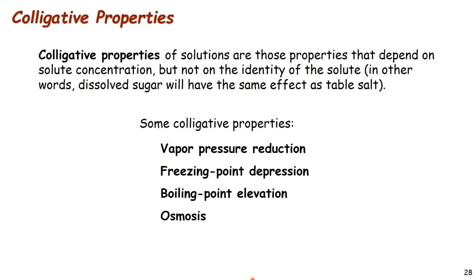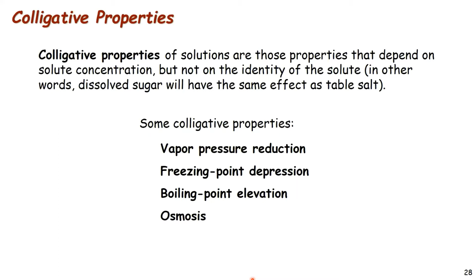Because when the sodium chloride dissolved into water, it was a strong electrolyte, and it dissociated into a sodium ion and a chloride ion. So now I have 10 sodium ions and 10 chloride ions. I have 20 particles. That's twice the number of the 10 sugar molecules, which were non-electrolytes and did not dissociate at all.